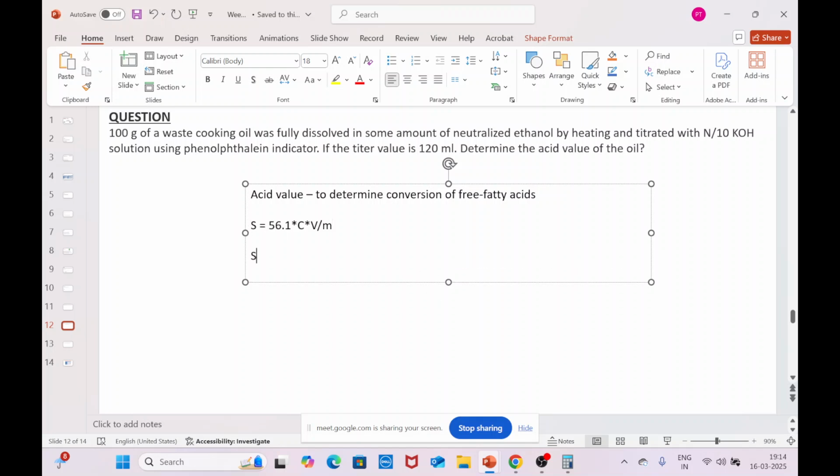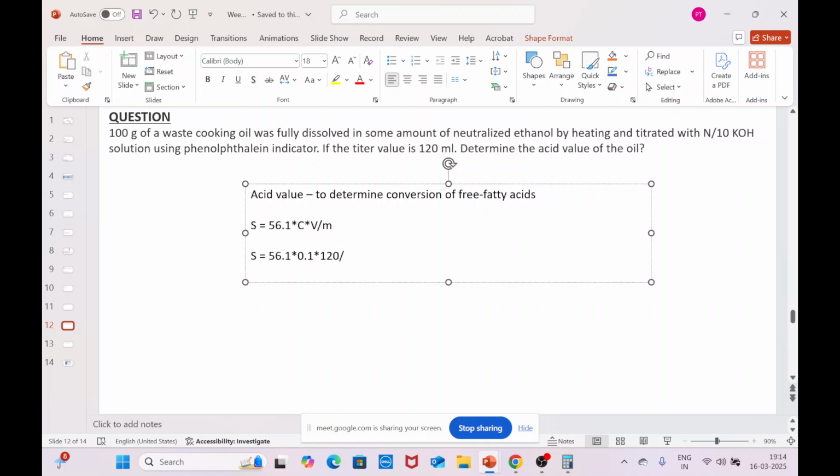So let's finish off this calculation. Very simple one. And 56.1 is actually the molecular weight of KOH. So concentration here is given as N by 10, so 1 molar by 10. That is 0.1 molar times volume. Volume is given as 120 ml.